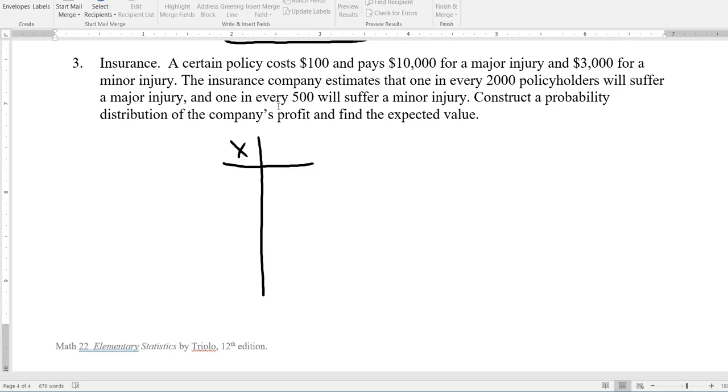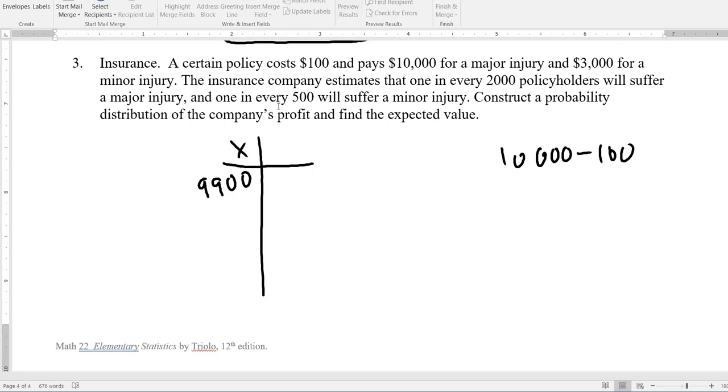What are our outcomes? I could buy the policy, and I could get paid $10,000. Very exciting. Here's a problem. I don't really get $10,000 because I already paid $100. So my expected on that would be 10,000 minus 100. I would basically be earning $9,900. Or I could have a minor injury.